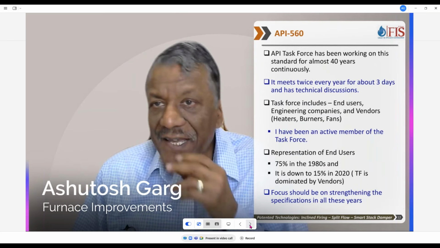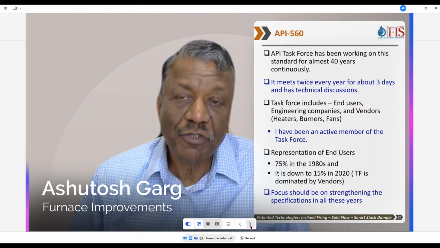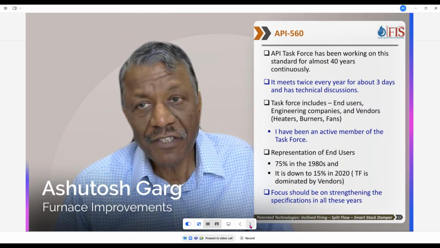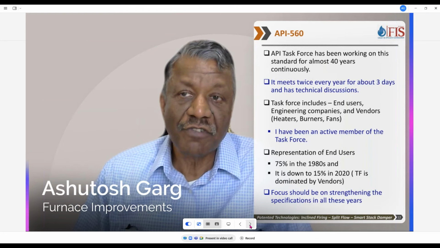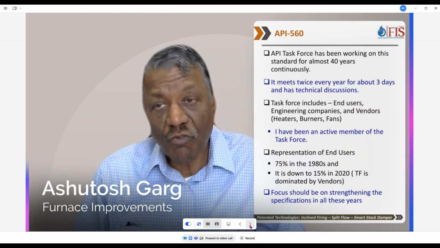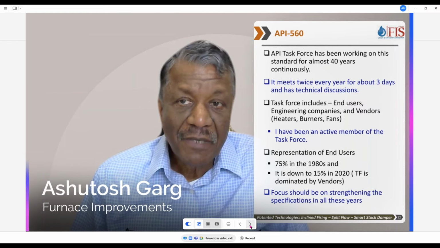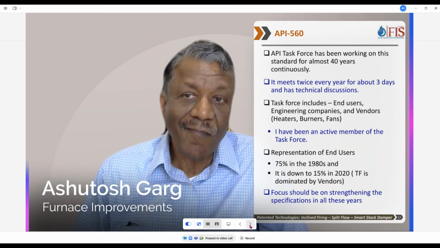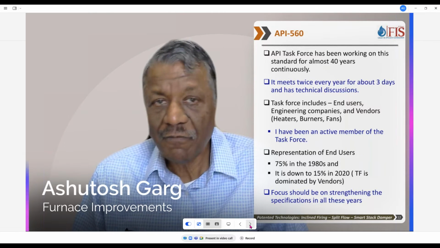So API is the American Petroleum Institute. It constitutes all the oil companies in the US. It has a subcommittee on heat transfer, which looks after all heat transferring equipment, exchangers, fired heaters. I believe API started working on this heater in the late 1970s. And they have been working on it for almost 50 years now.